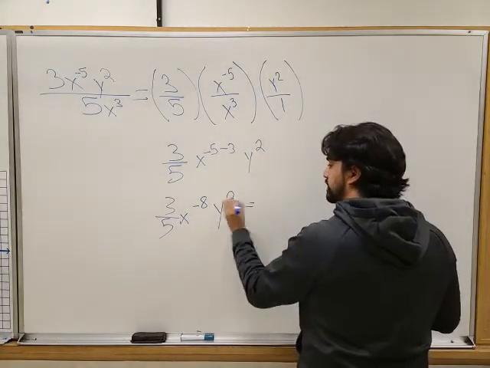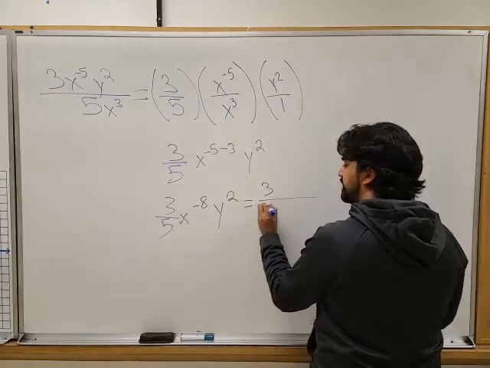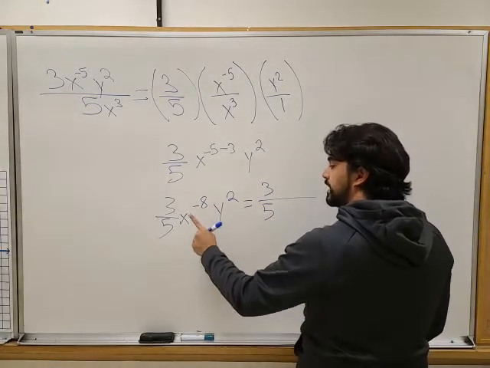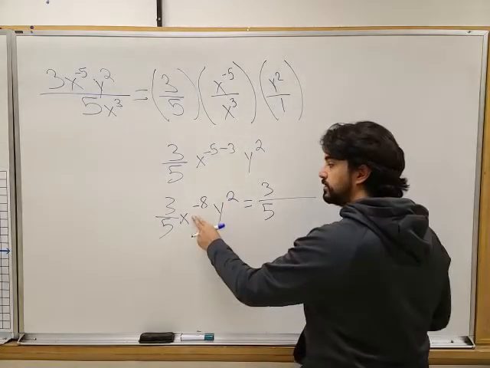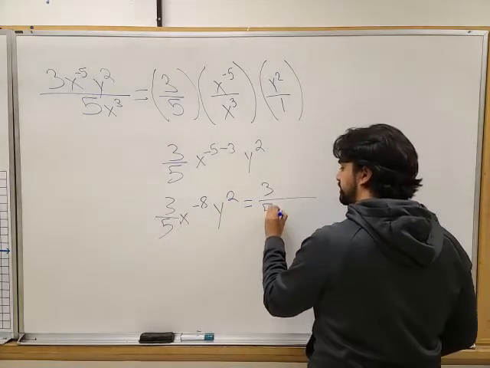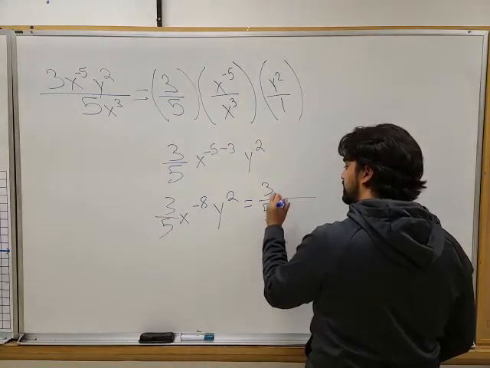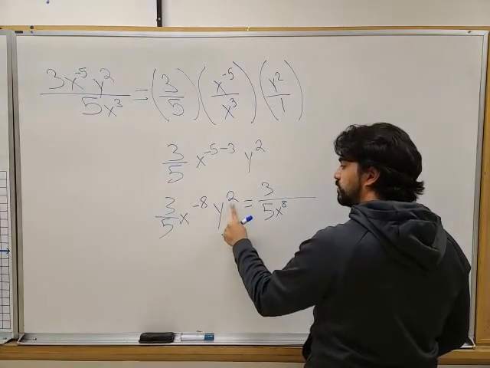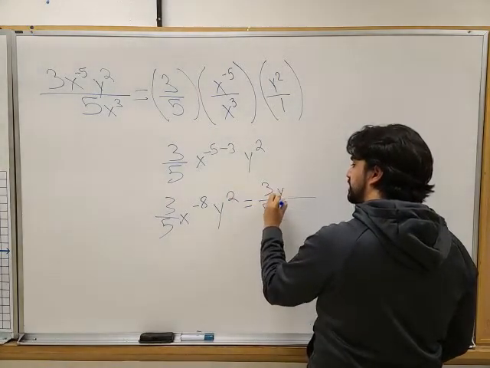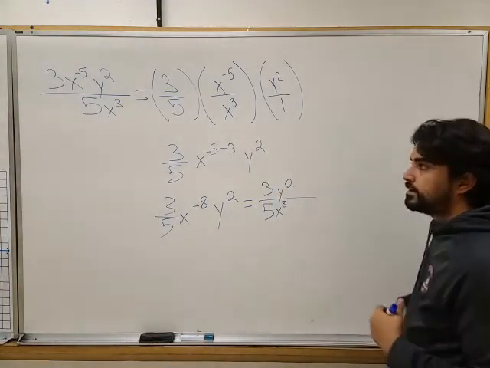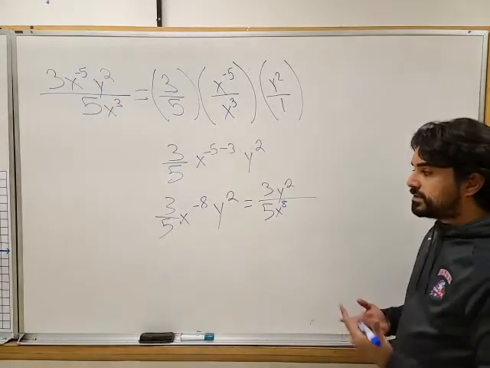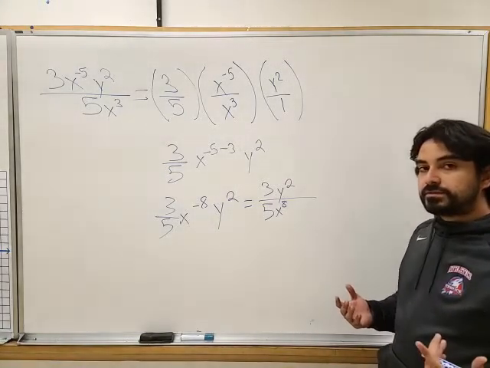So it'll be 3 over 5, and x to the power of negative 8, we move to the denominator, which will be x to the power of 8. And then we have y squared, which stays on my numerator. And this is how you do negative exponents.